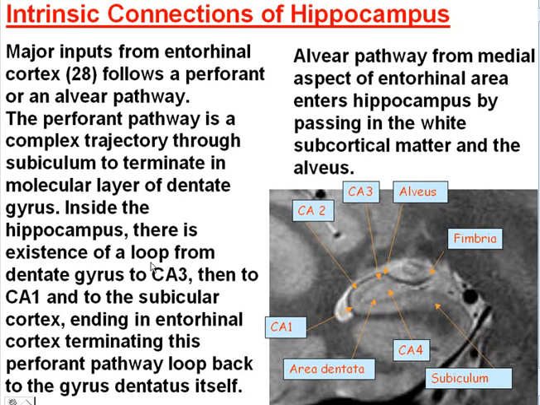Inside the hippocampus, there is a loop from dentate gyrus to CA3, then to CA1, then to subiculum, and then ending up in the entorhinal cortex, and then through the perforant pathway back to the gyrus dentatus, or from the entorhinal cortex through the alvear pathway into the hippocampus again. So those are the complicated intrinsic hippocampal connections.